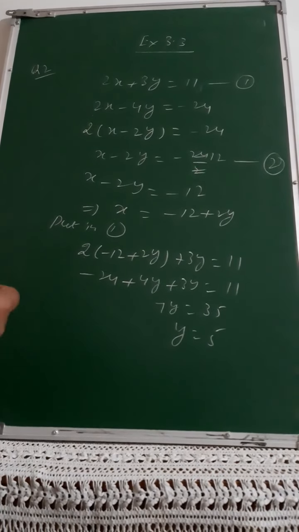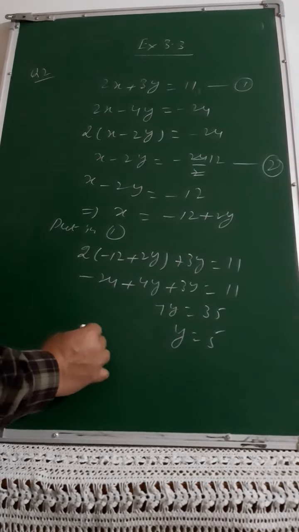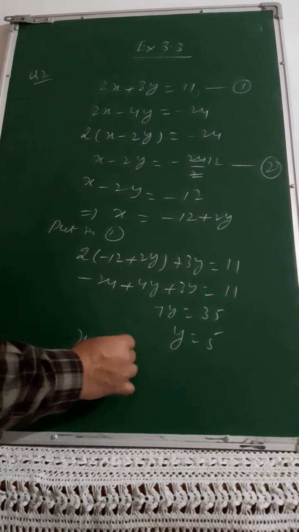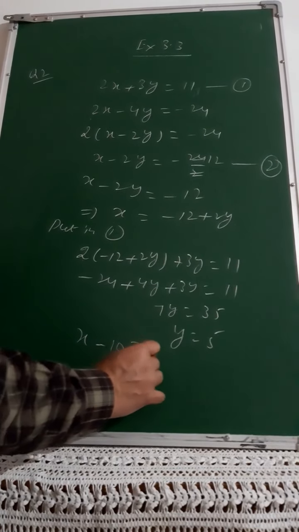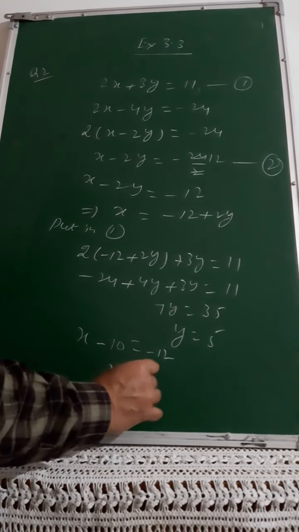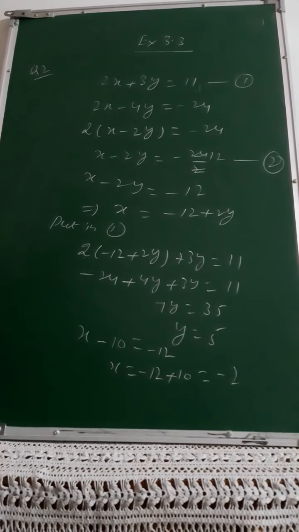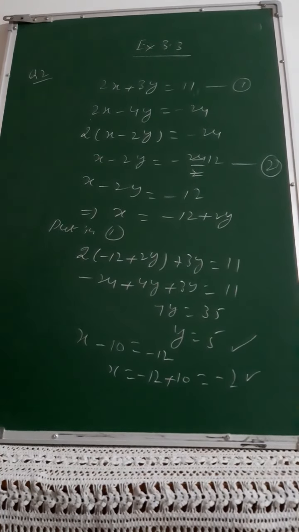Now y is equal to 5, if you put it in, suppose, equation 2, so x minus 2y, 5 2's are 10, is equal to minus 12. So your x will be equal to minus 12 plus 10, that is equal to minus 2. So x is equal to minus 2 and y is equal to 5.